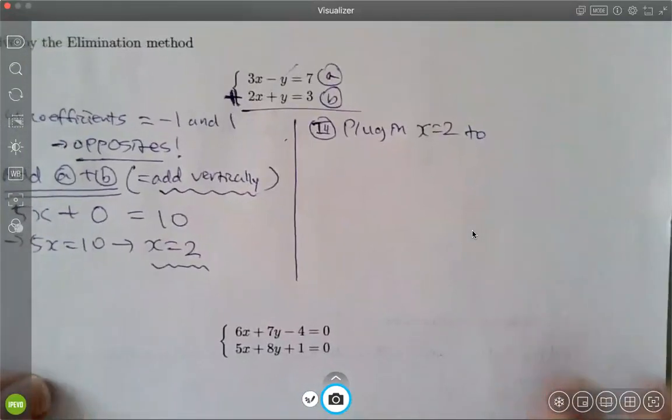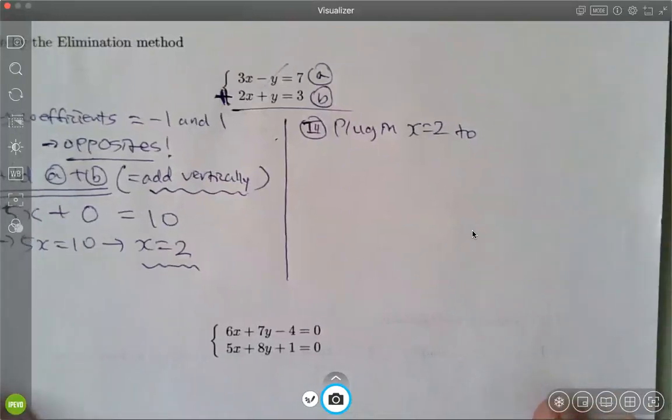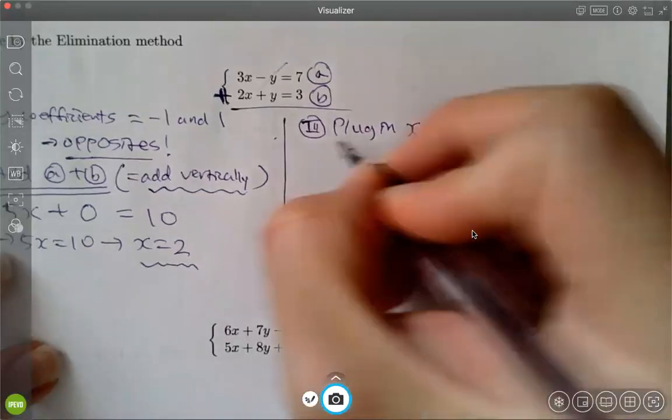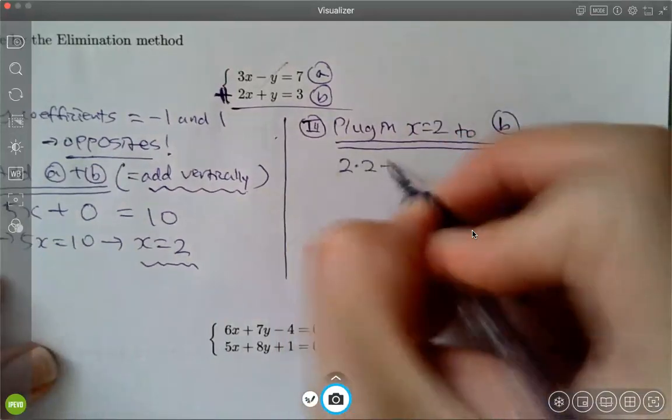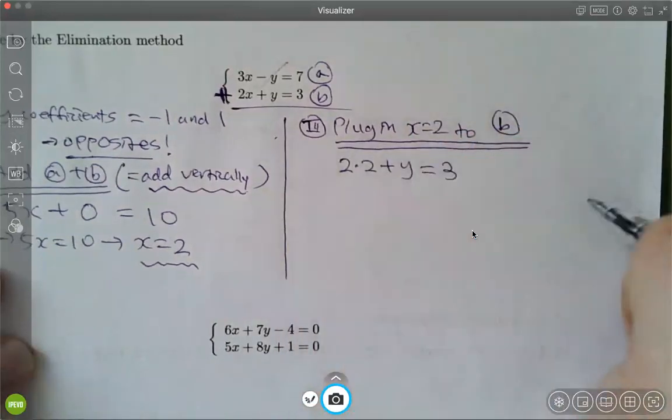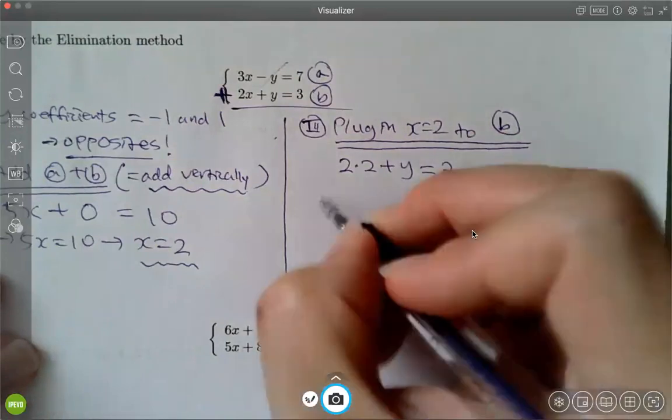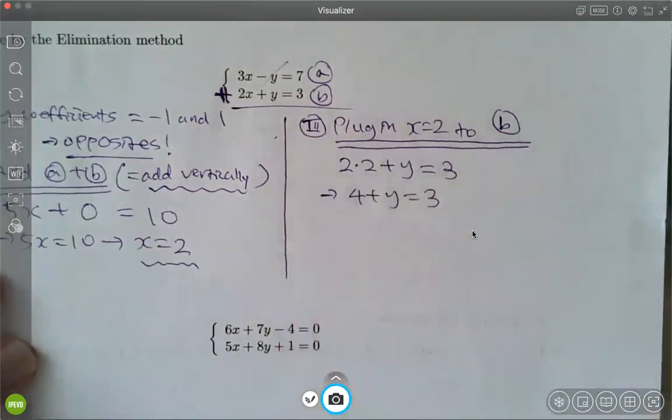Now, which equation is the easier one? It doesn't really matter here, but B. So what do you get? 2 times 2 plus y is equal to 3. So what is this? 4 plus y is equal to 3.